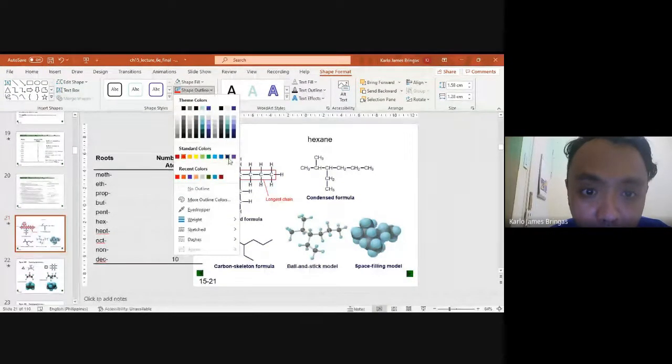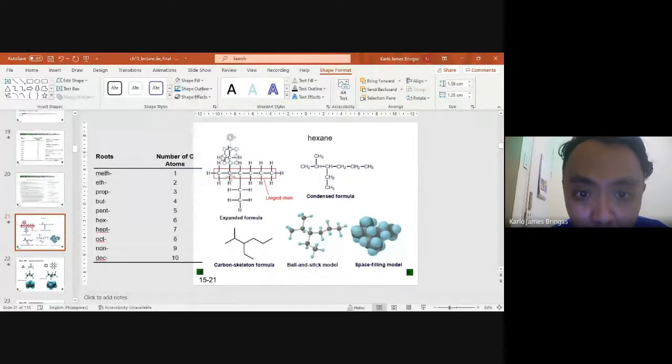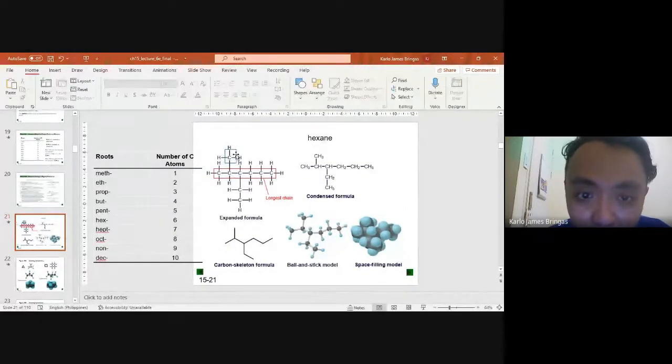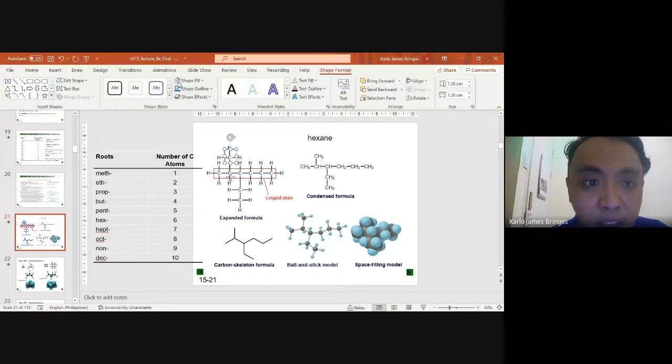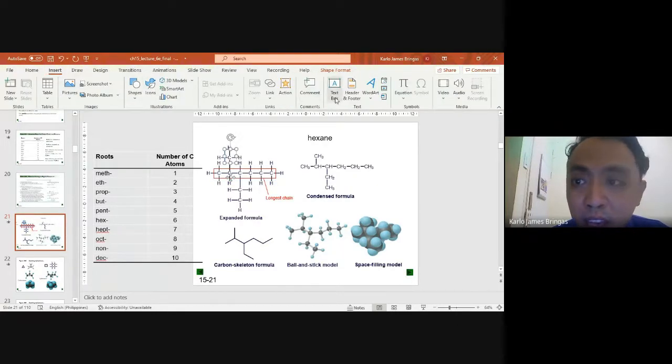So let's say we color this one blue. Here it is. So this carbon in here is basically substituted for the hydrogen that normally, if it were just simple hexane, should only be an H. But this carbon has substituted for that hydrogen. Which is why this one here, the one that I put in the box, is what you call the substituent.